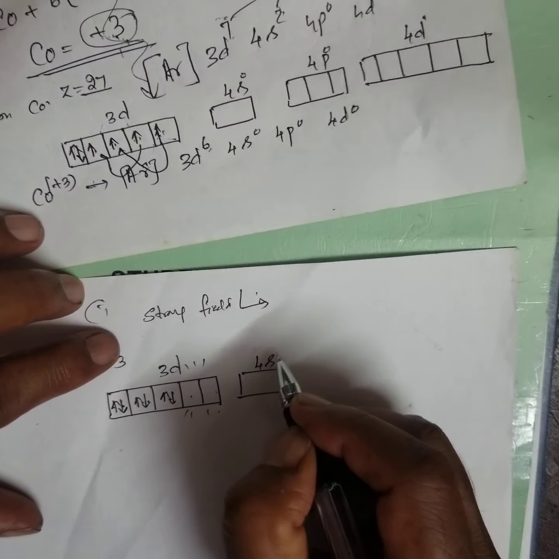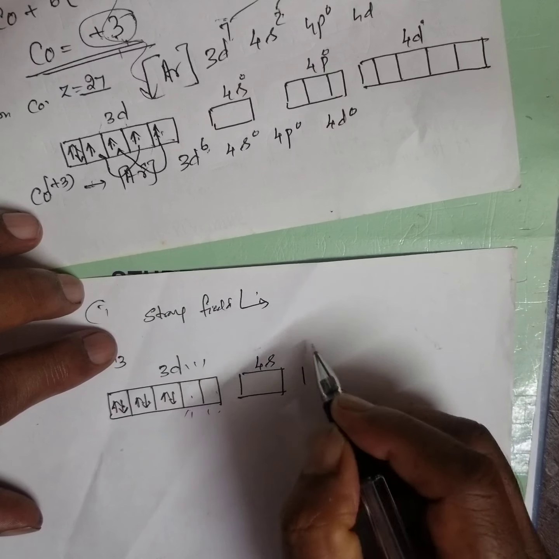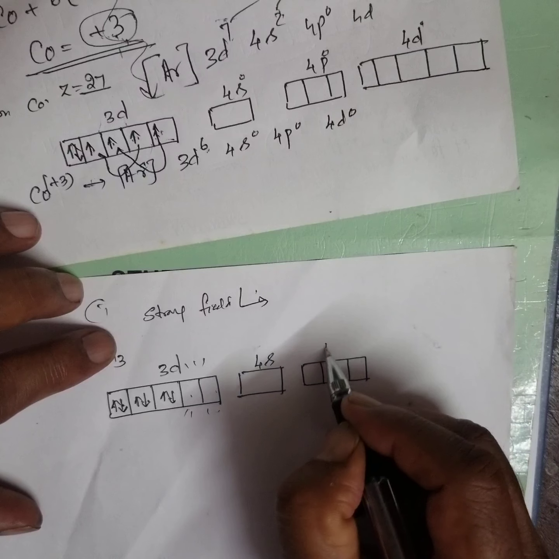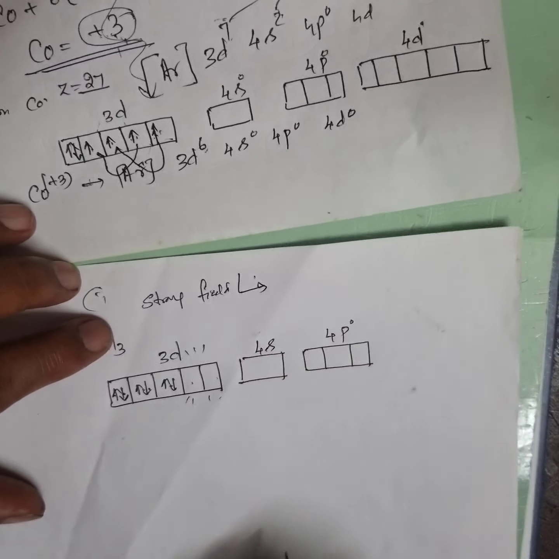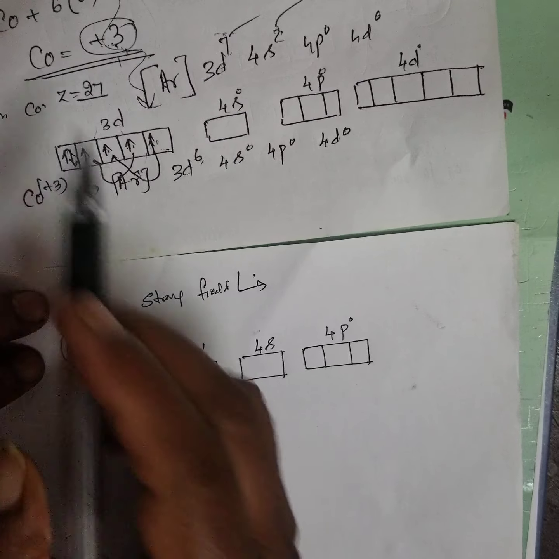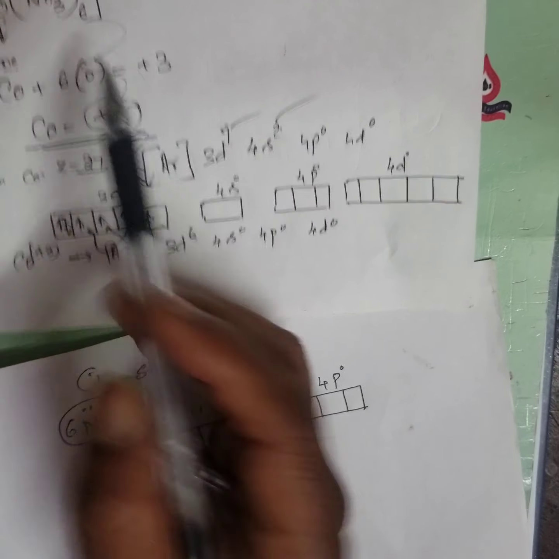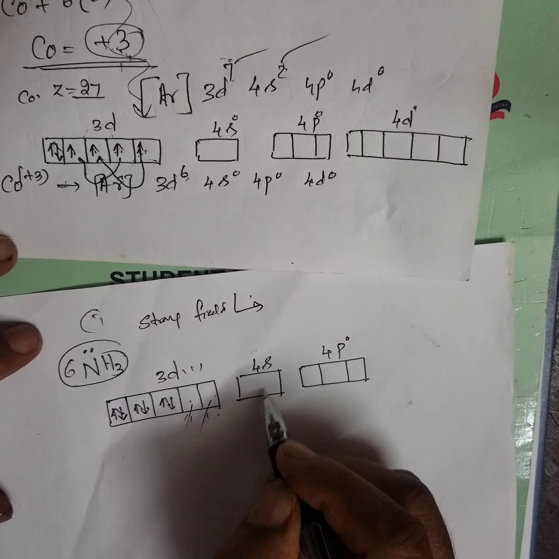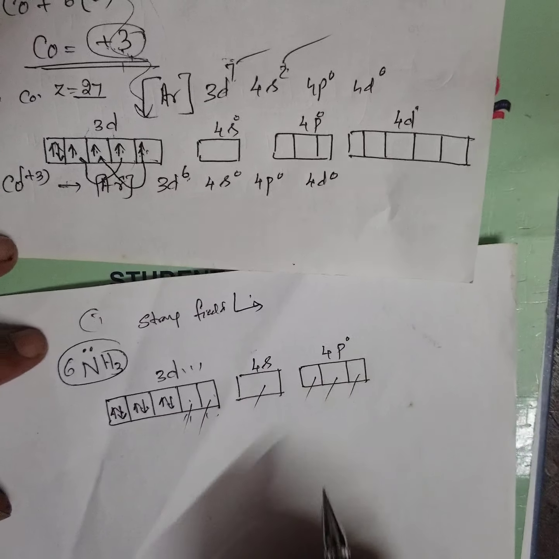4s is also vacant, and 4p is also vacant. Here how many are required? There are 6 ligands coming, is it not? Cobalt has 6 ligands. That means it requires 6 rooms: 1, 2, 3, 4, 5, 6.